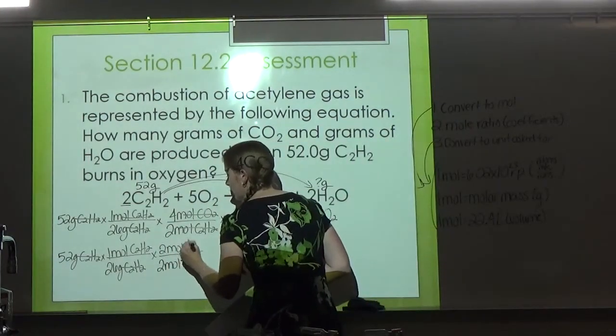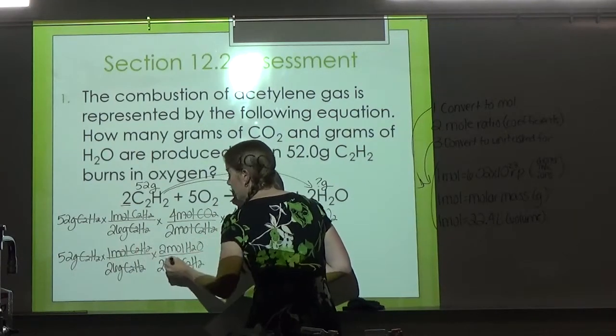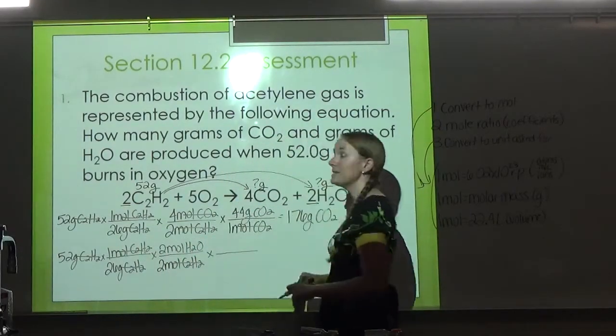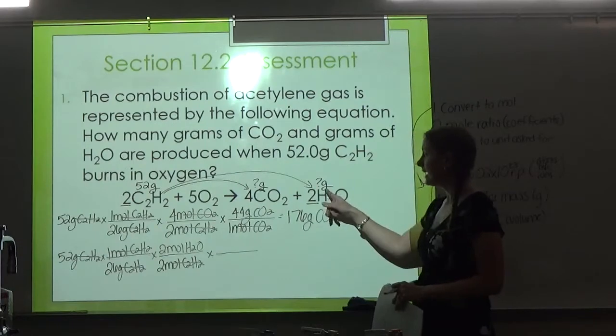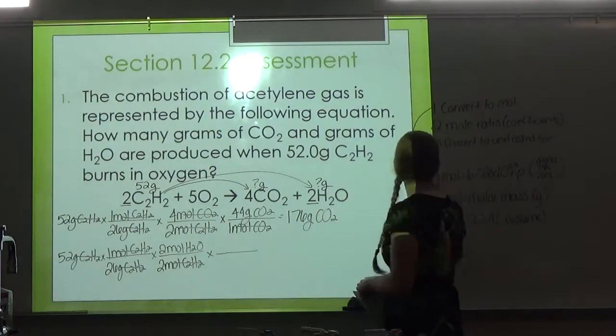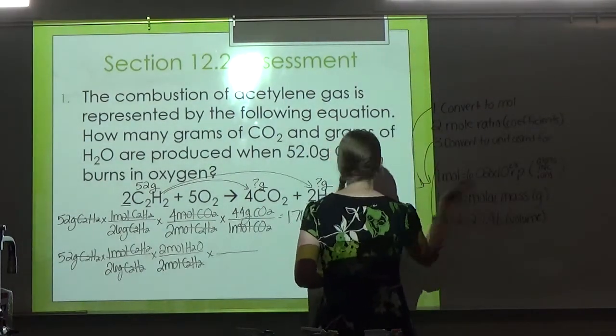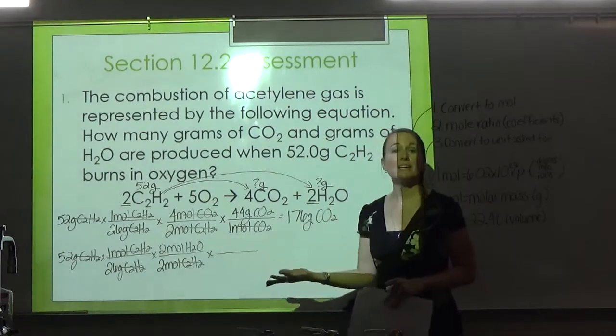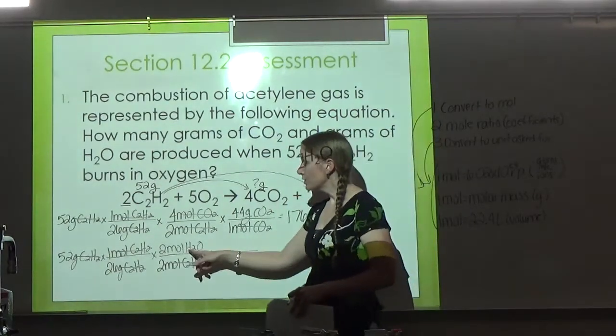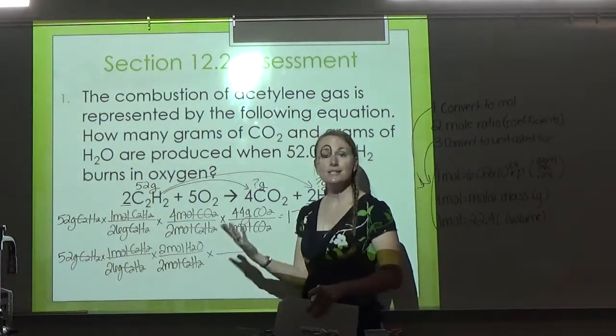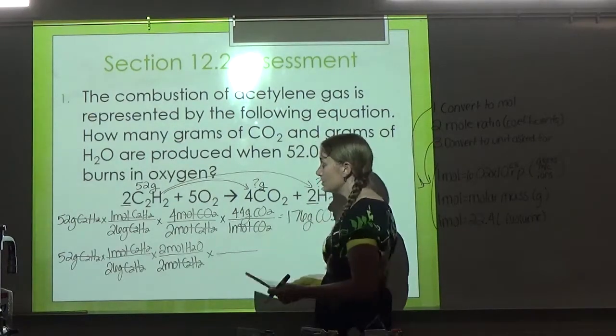All right, last step is this to convert to unit asked for? Well, it asked me for grams of water, so that means I need to do molar mass again, but this time I'm going to do the molar mass of water. So hydrogen is 1 times 2, oxygen is 16, so I get 18 grams per mole.